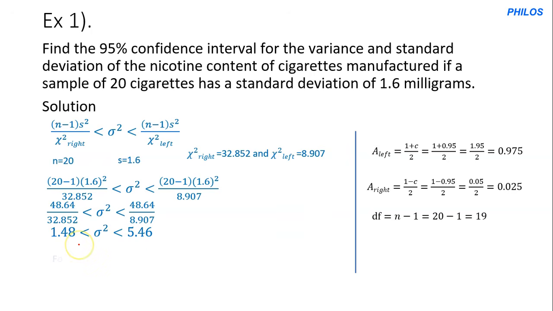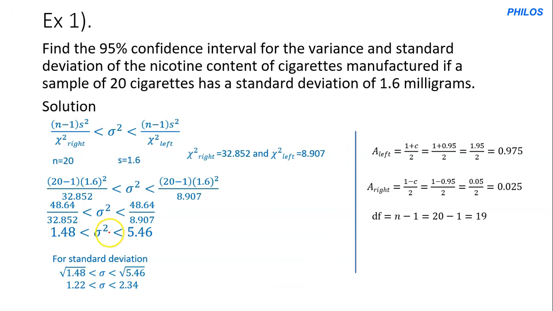To estimate the confidence interval for standard deviation, since you've been able to get a confidence interval for the variance, we just take the square root of the variance to get the standard deviation. So when we take the square root of 1.48 and the square root of 5.46, we are going to get 1.22 less than population standard deviation less than 2.34.